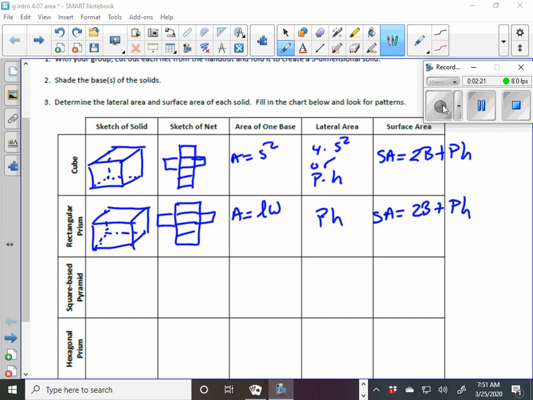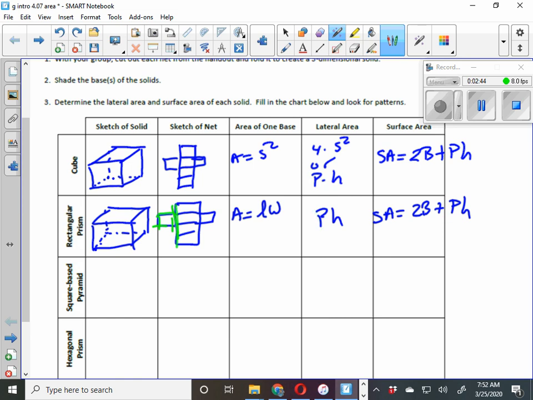The difference now being that you have a length times width for the base. So every time you see a capital B, it depends on what the formula is for the area of the base. Perimeter of the base, capital P, perimeter of the base times the height. Remember, this is the perimeter of the base, or here's the perimeter of the base. It's all the same thing.